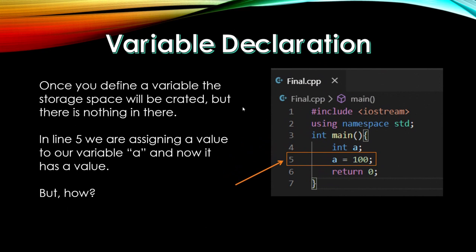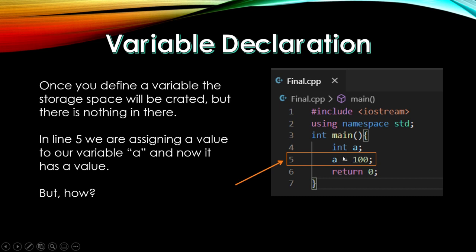I already did this. Variable declaration means that while you have line 4, you're just creating that space, but there's nothing in it. Like A is nothing, it's just a space for you to use. What you want to do is use line 5, which is A equals, with the equal sign meaning assigning.